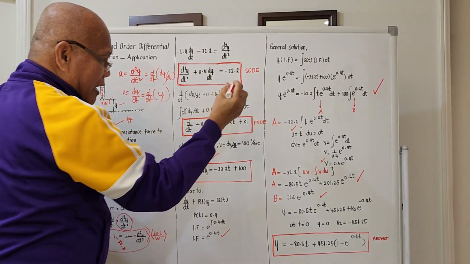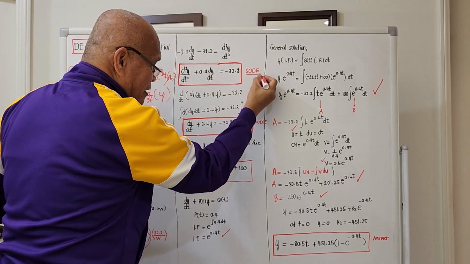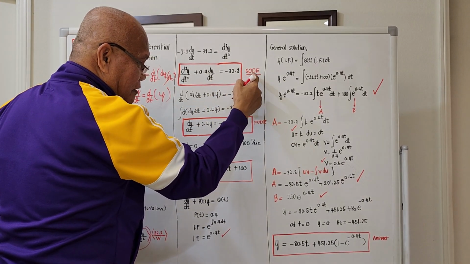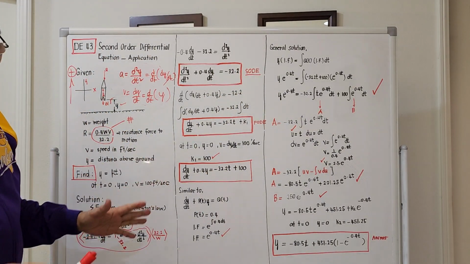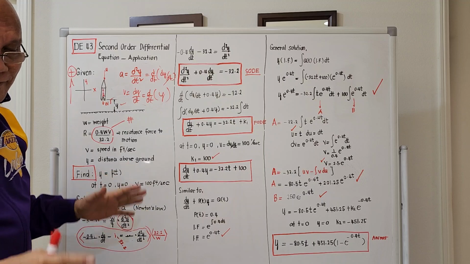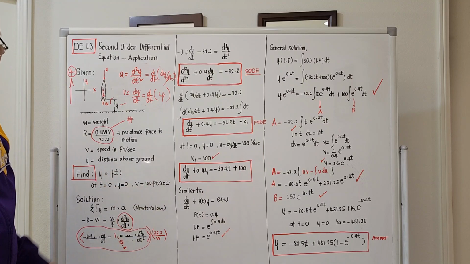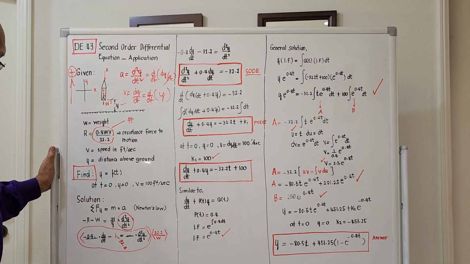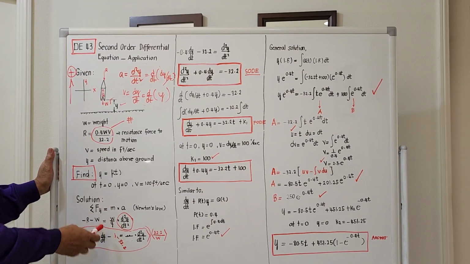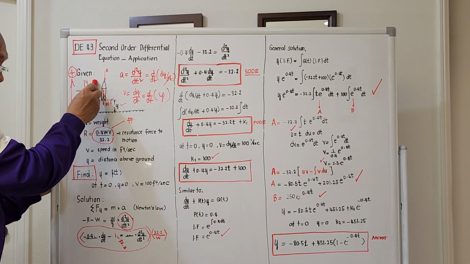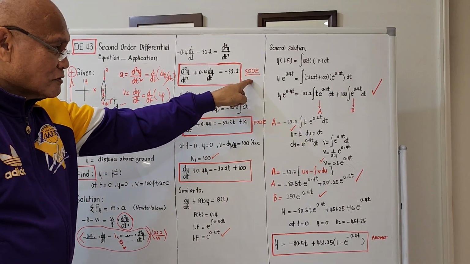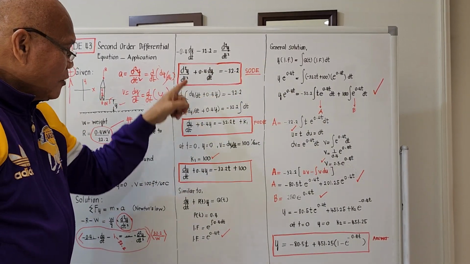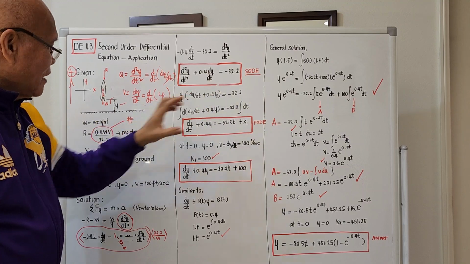And this is now a second order differential equation. That's the essence of the topic, second order differential equation. Meaning, after taking the summation of vertical forces on the moving rocket, what comes out is a second order differential equation for y as a function of time.